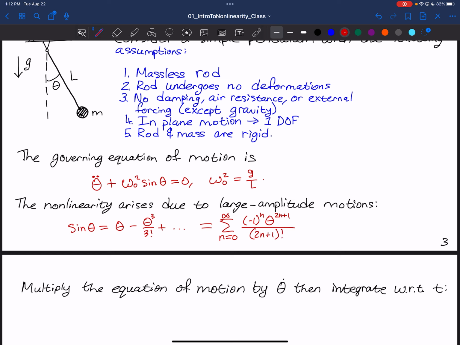So in linear vibrations, we will truncate this series and keep only the theta term right there. In nonlinear dynamics vibrations, we could keep as many terms as we want. Usually we will just truncate and keep the cubic term. And it turns out to be interesting and rich enough that we can do a lot with that.